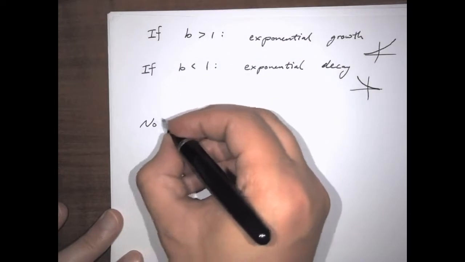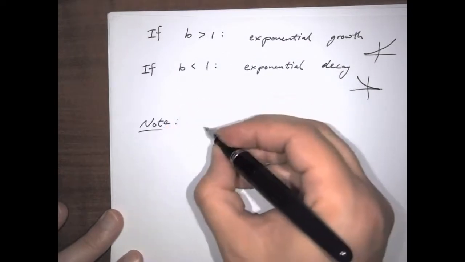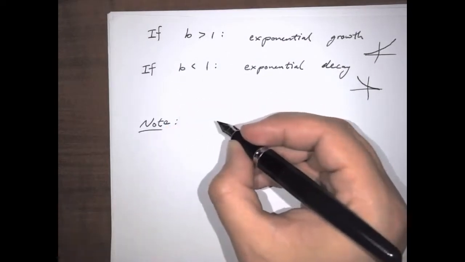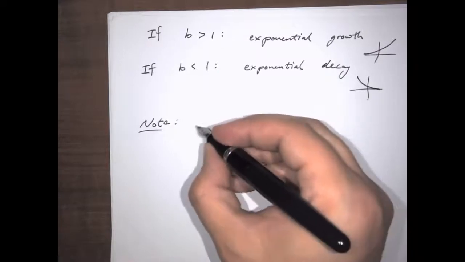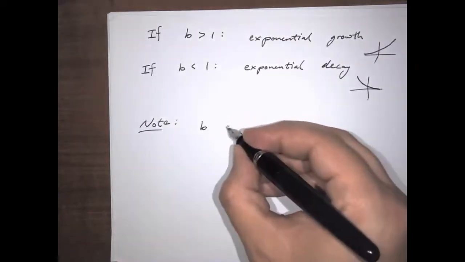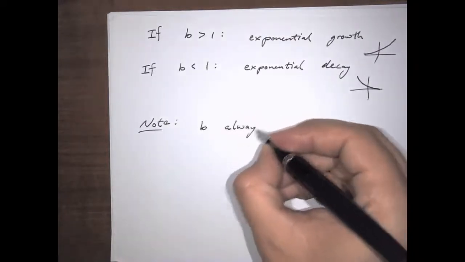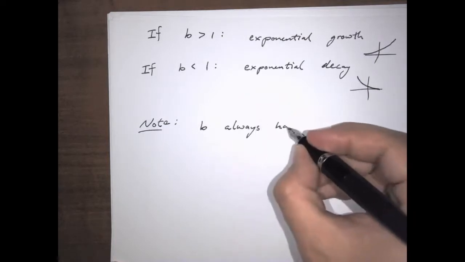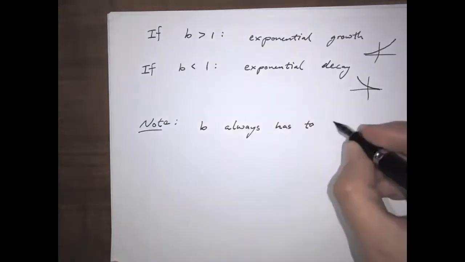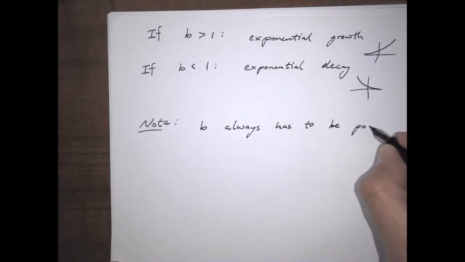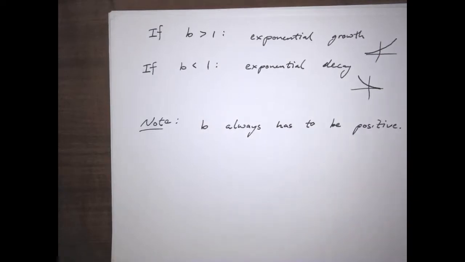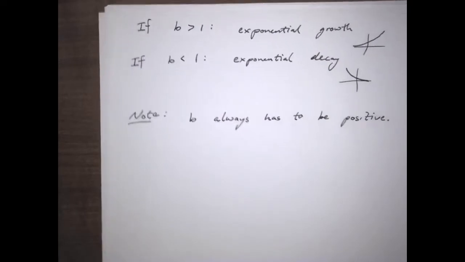And one note: b is never 0 or negative. b always has to be positive. You can't lose more than you actually had from one year to the next.